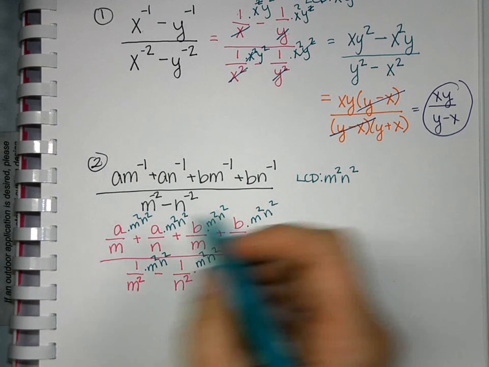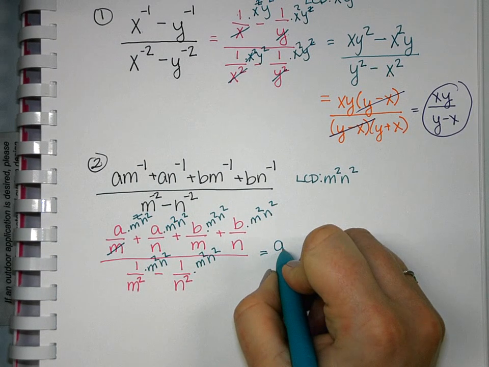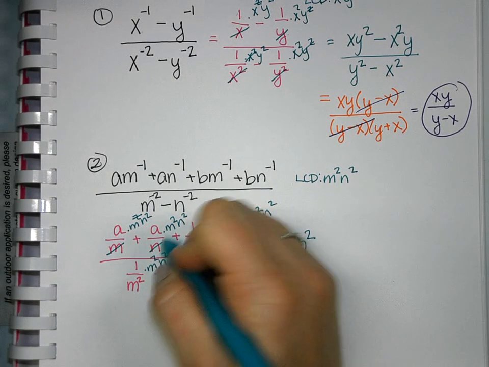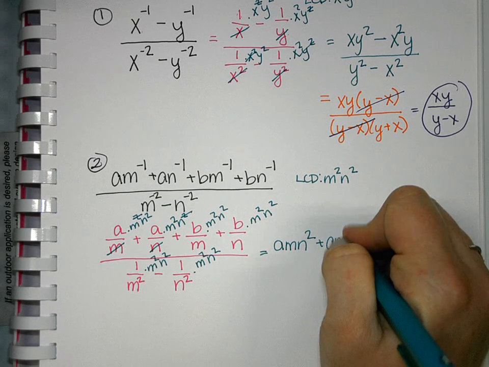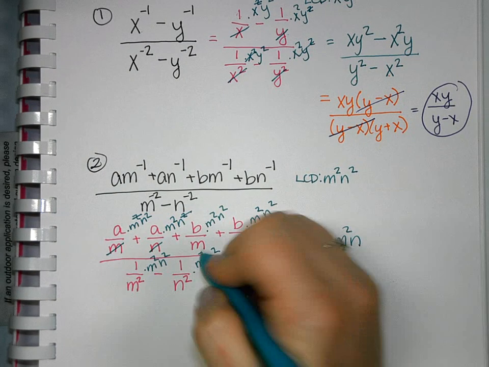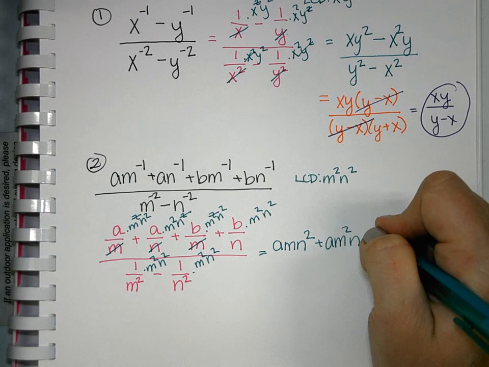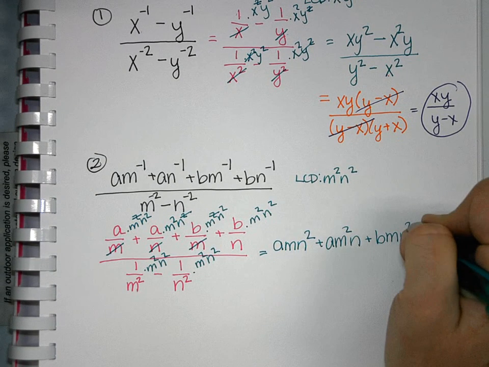So for the first one, one of the m's will cancel, leaving me with a m n squared. An n will cancel in the second one, leaving me with a m squared n. One of the m's will cancel with the third, so that'll leave me with b m n squared.